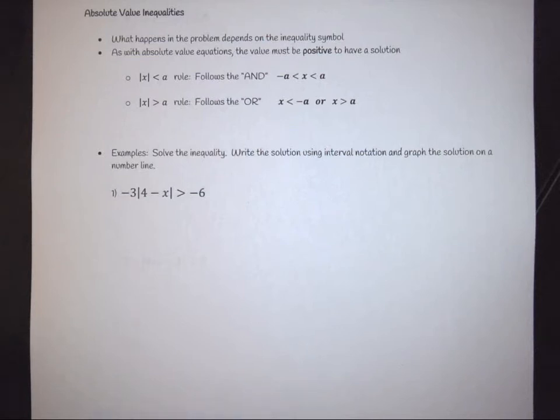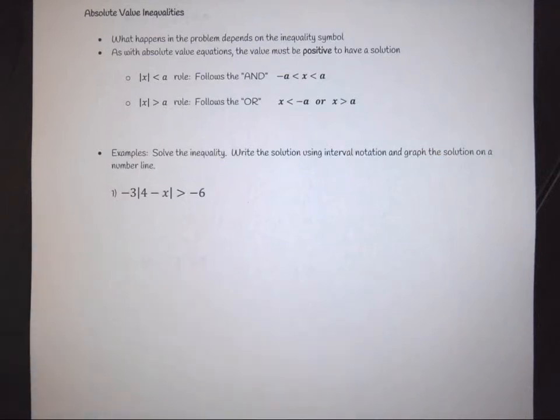That first major concept is that your absolute value must be isolated and must be positive. Okay? And what that essentially means is that your absolute value can't have anything attached to it. So that part is very similar to an equation.